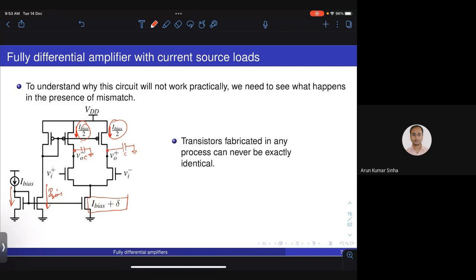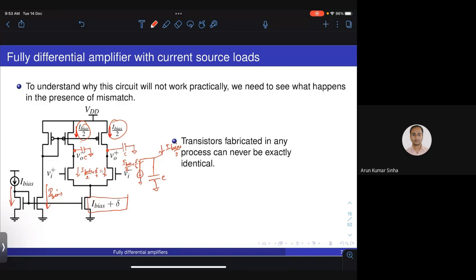If I look at any one of these capacitors C, the total current flowing into the node is I bias by 2, and the total current flowing out of the node is I bias by 2 plus delta by 2, if I assume that this current splits equally. Similarly this current will also be equal to this current.